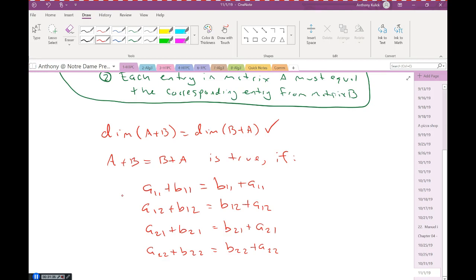What kind of objects are they? So these little a's and little b's are just real numbers, right? They're like a 5 or 6 or -2 or 0 or 1.8 or 5/3, they're just numbers, right? And are the real numbers commutative? Yes.